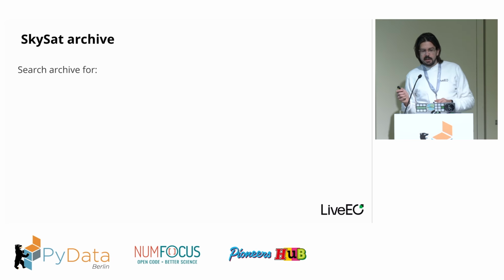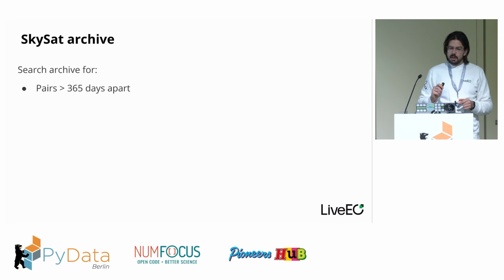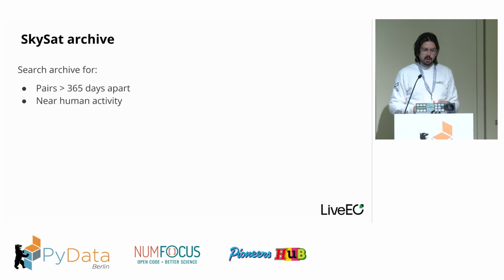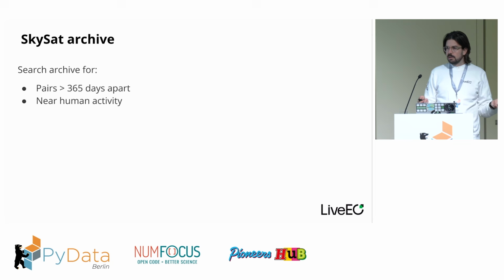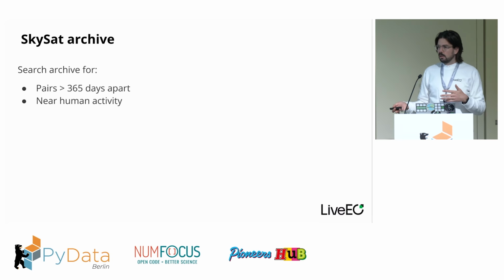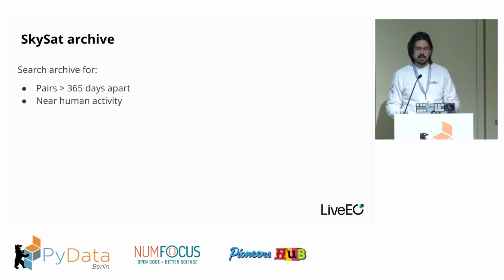So what we've done is we are searching the archive for image pairs that are at least 365 days apart. It just means the more time there is between two images, the more chance there is that something has changed. We're looking for images near human activity because where there are people, there are changes. In the desert, even over a year, nothing might really change, but close to human infrastructure like airports or buildings, humans change things.